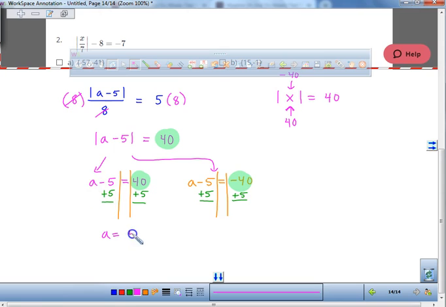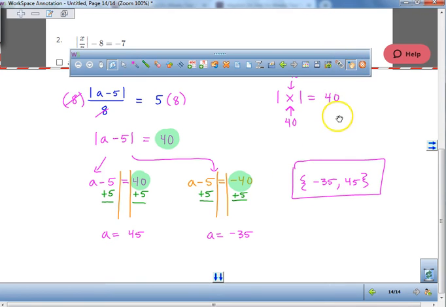A equals 45 and a equals negative 35. Now this is a solution set. So we make these little solution set brackets, and we're going to put negative 35, comma 45. I like to put things in numerical order, okay?